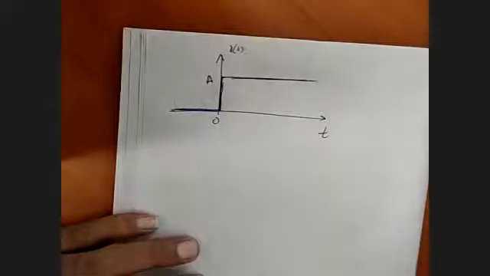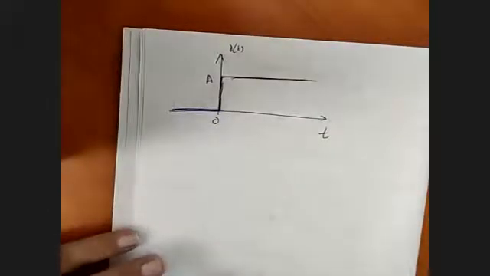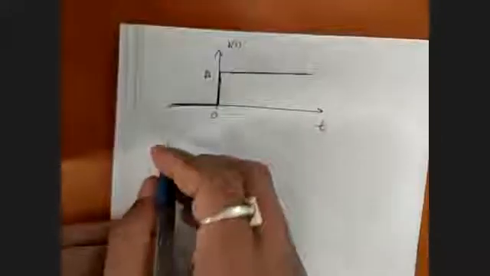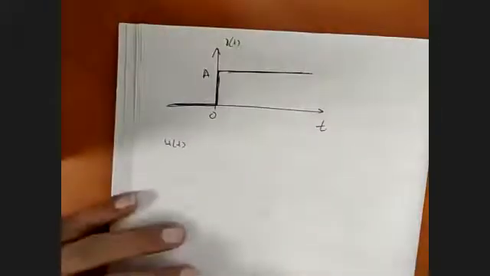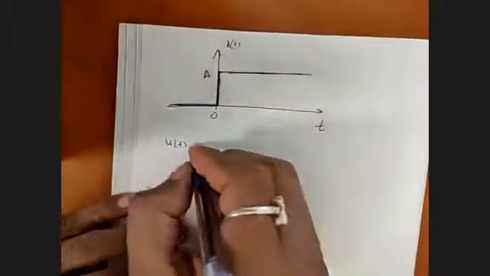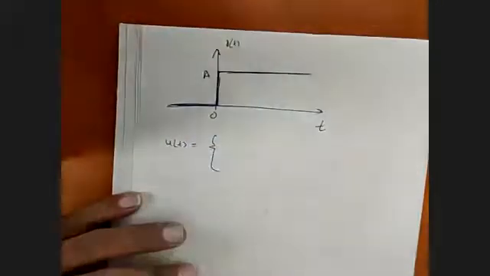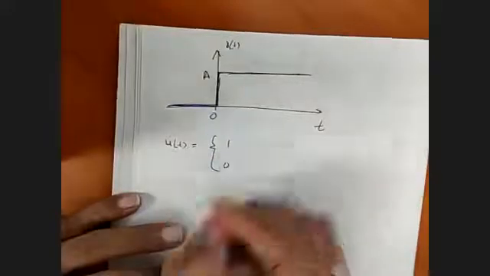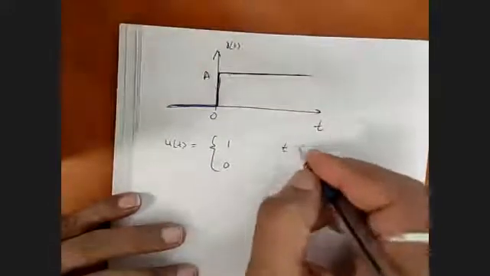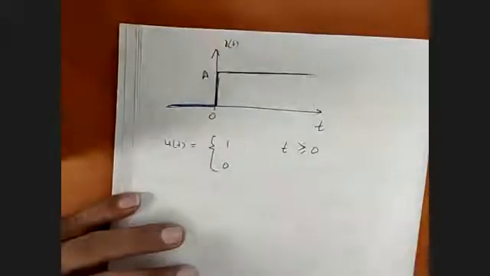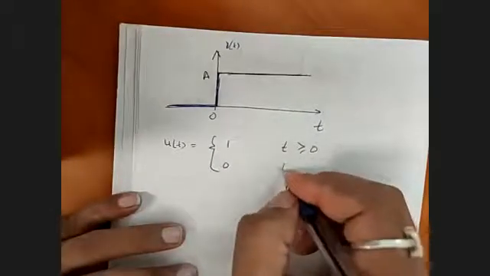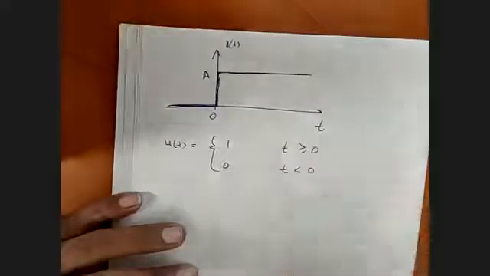We will be having a 0 before t equal to 0, and at t equal to 0, the switch is on and we will be getting a constant output in the system. So mathematically, this is represented by u(t), and that will be having two values, 1 and 0. For t greater than or equal to 0, the signal is 1, and for t less than 0, it is 0.